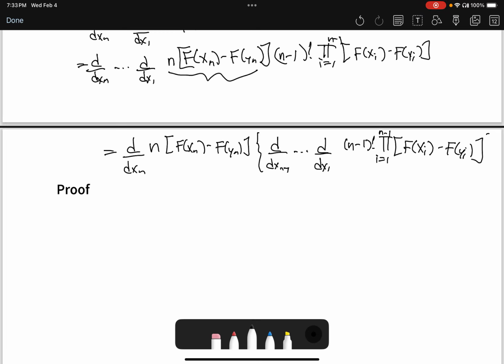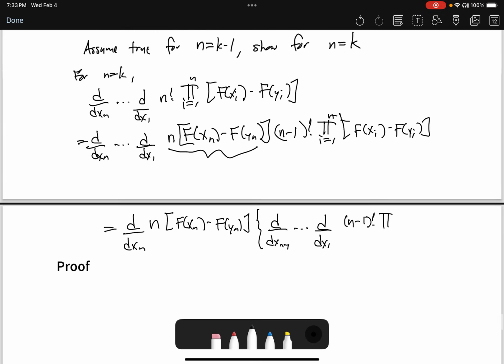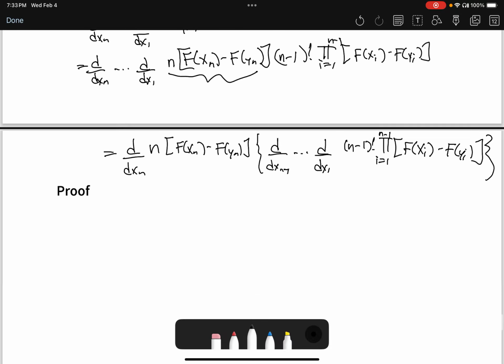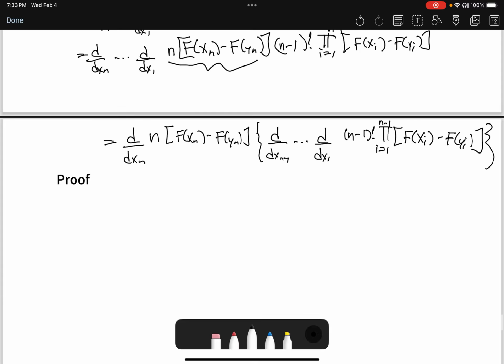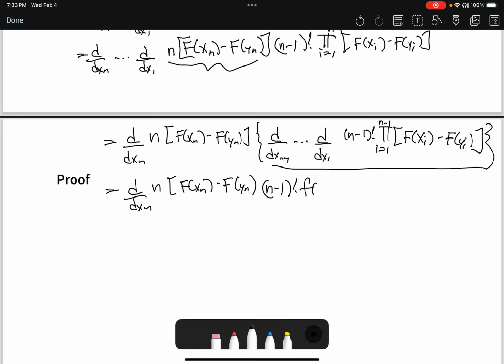But from our previous work in the induction step there, where we assumed it was true for n equal to k minus 1, okay, we're going to get d dxn of this stuff. And from what we are already assuming, this has to be n minus 1 factorial times f of x1 up to f of x n minus 1, right?